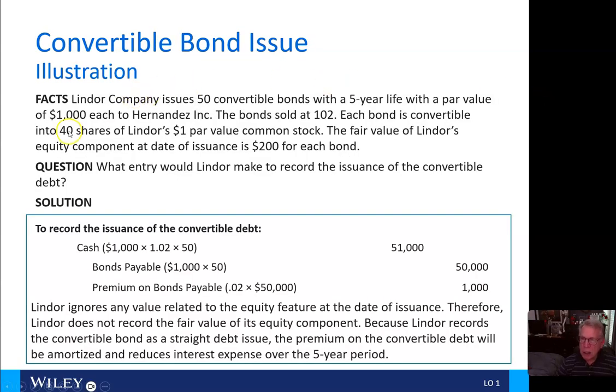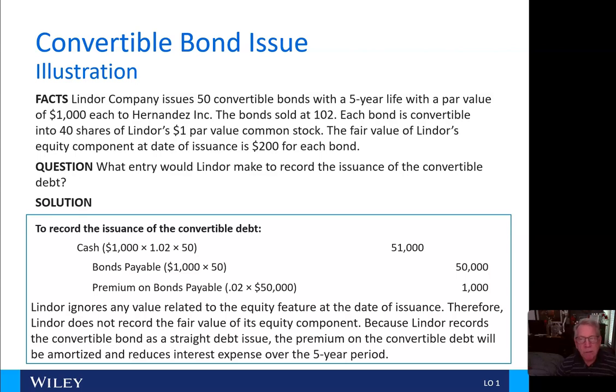Let's take a look at an illustration. The Lindor Company issues 50 convertible bonds with a 5-year life with a par value of $1,000 each to Hernandez Incorporated. The bonds sold at 102, so we know that it sold at a premium.